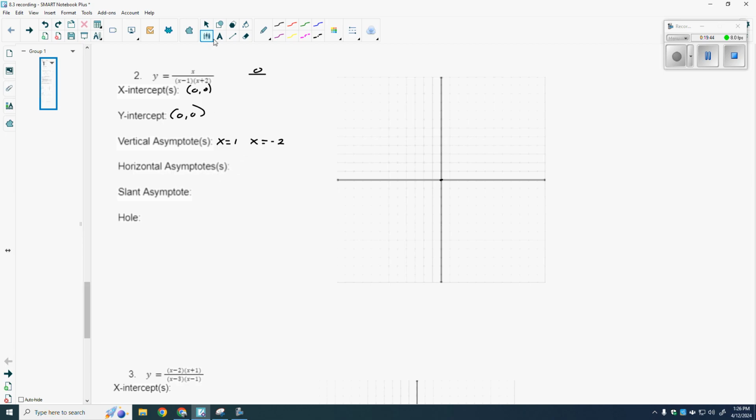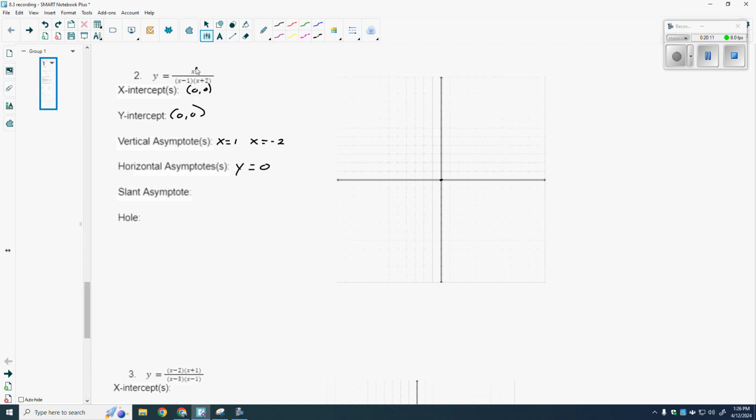Horizontal asymptotes. The degree of the top compared to the bottom. The degree of the top is 1. The degree of the bottom: if you were to multiply this out, you would get x squared, and so on. Which is bigger, a 2 or a 1? The bottom is bigger than the top, so my horizontal asymptote is again at y equals 0.